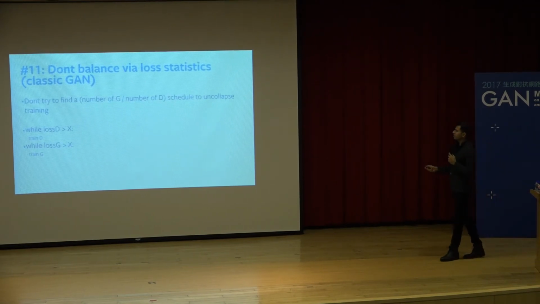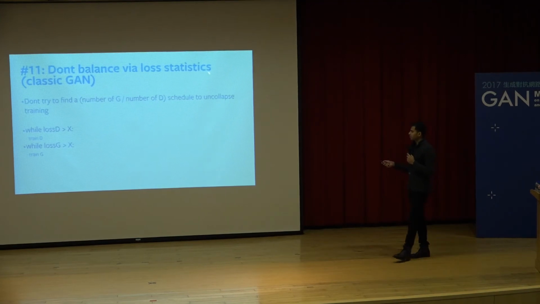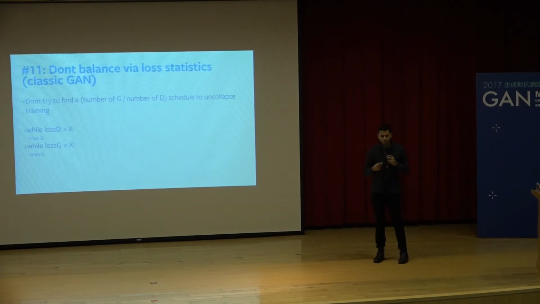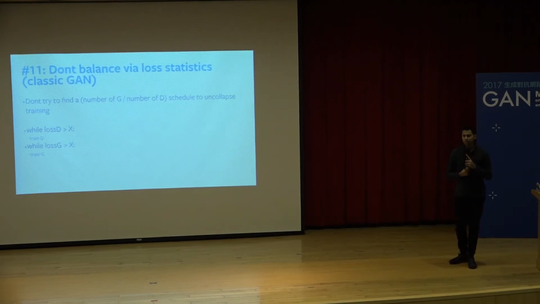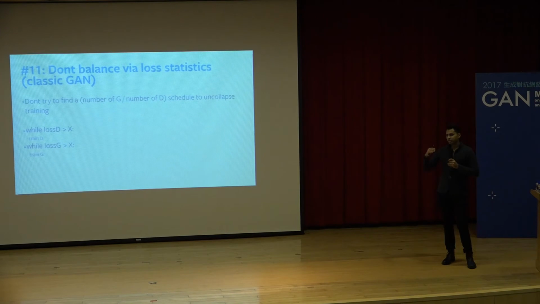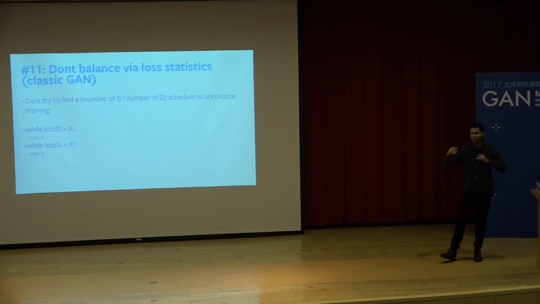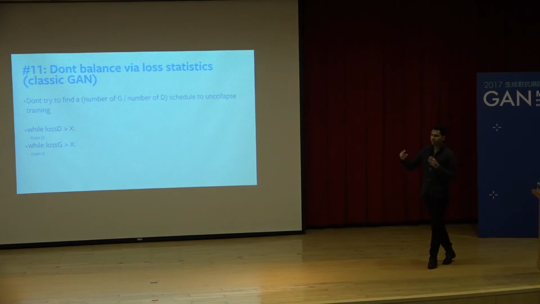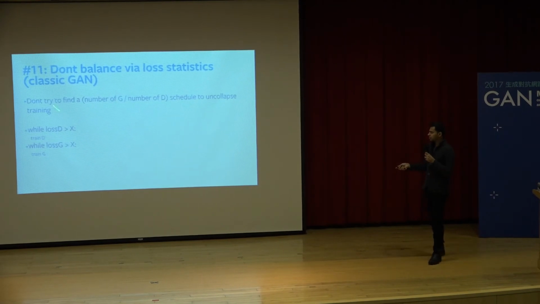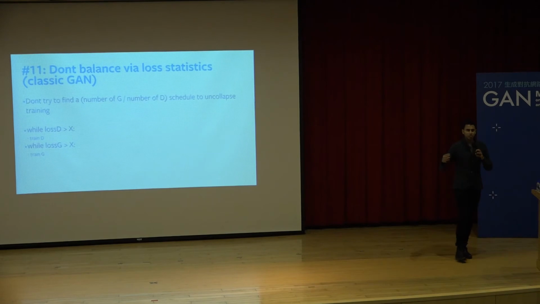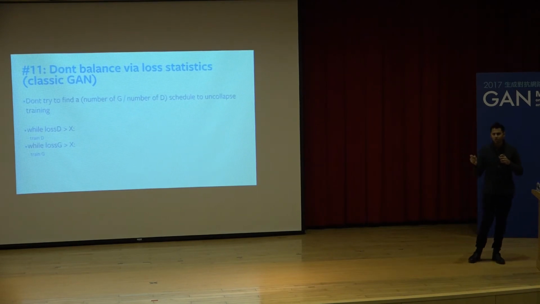Don't try this thing where a lot of people have tried this and failed, where they think, oh, it's a game where you're trying to train the generator and the discriminator, so if I try to make sure the loss of both is equal or there's some equilibrium condition I find, it's gonna work. Many people have tried it without any principled understanding of what to try, like, oh, I'll try this, I'll try that.